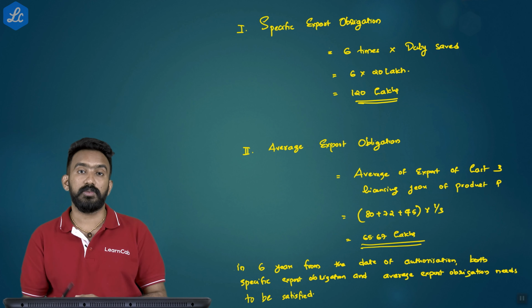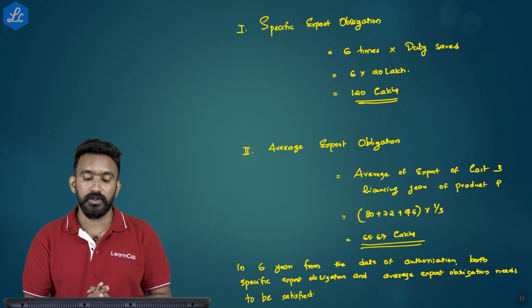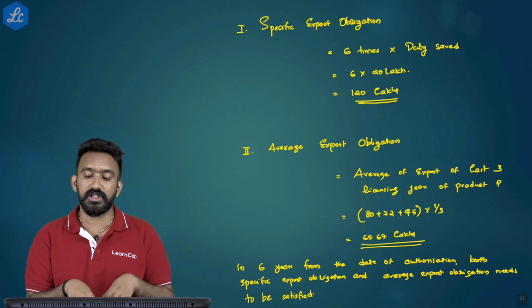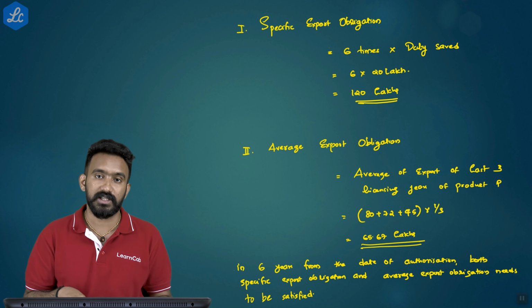So both of these have to be satisfied in 6 years down the line, within that particular period. So the specific export obligation is 6 times the duty saved, and the average is the last 3 years' average. So both have to be maintained.